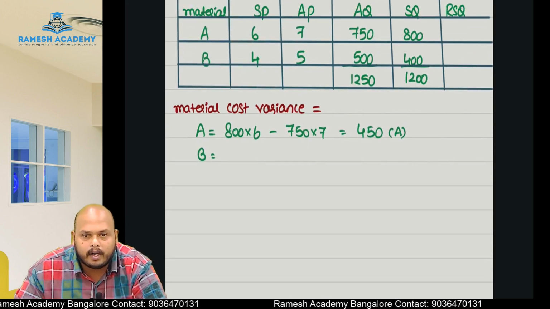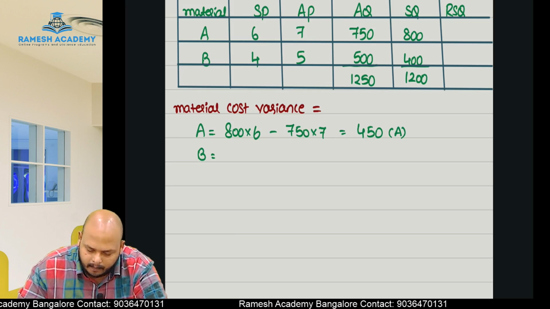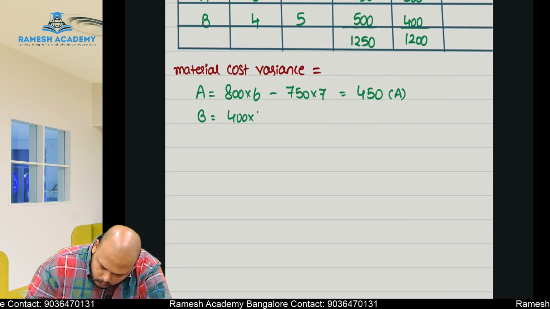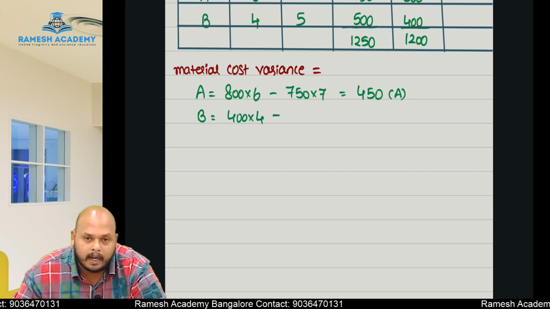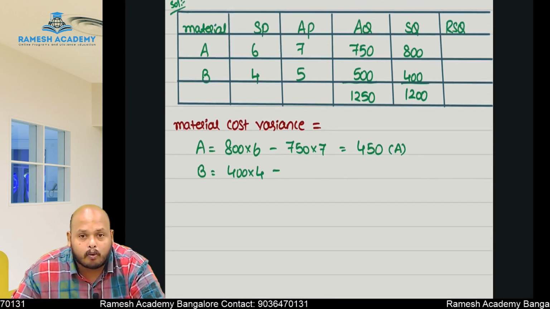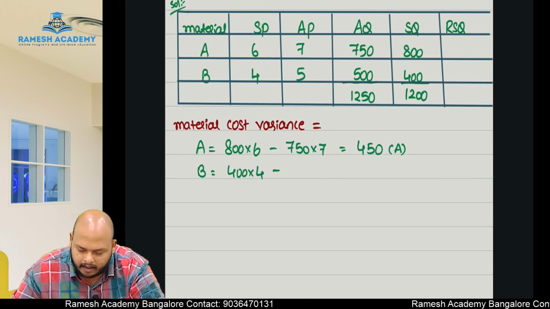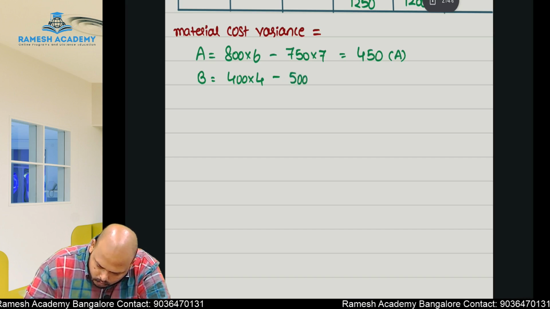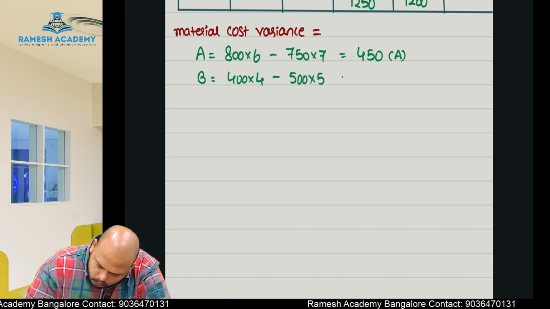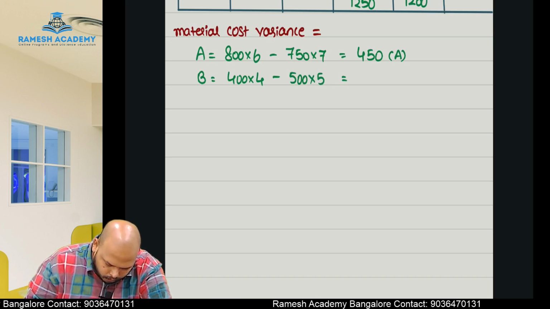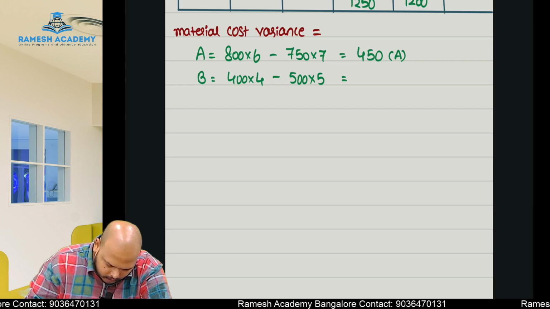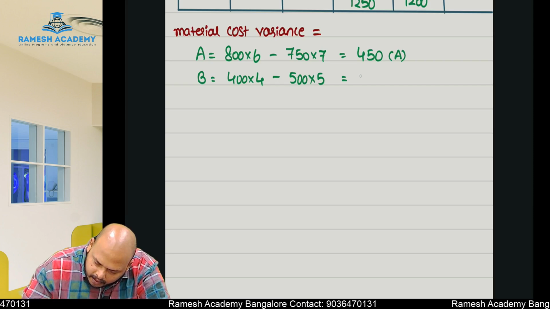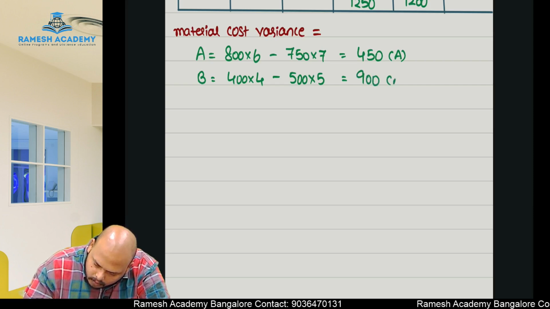What is the standard quantity we are expecting? 400. Standard price 4 rupees. 400 into 4 minus. What is the actual quantity? We consumed 500. What is the actual price? 5 rupees. 400 into 4 minus 500 into 5, that is nothing but 900 adverse.